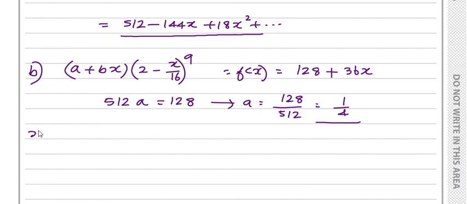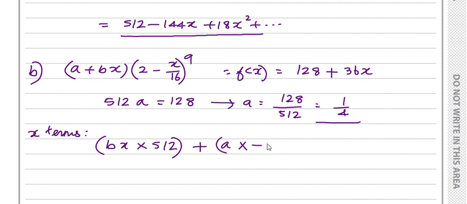So we can write the x terms: a times this, and bx times this. Let's write bx times 512, that's one x term, plus a times an x term coming from here, and that x term is minus 144x.